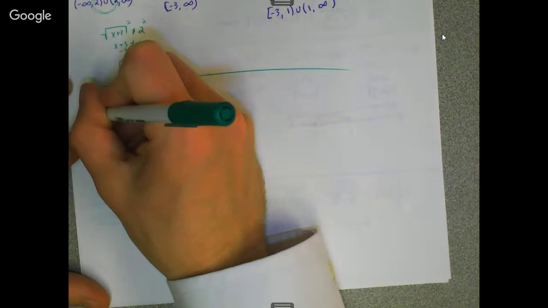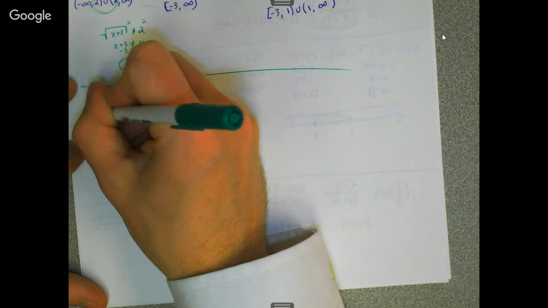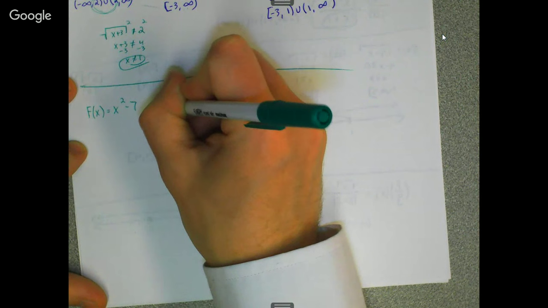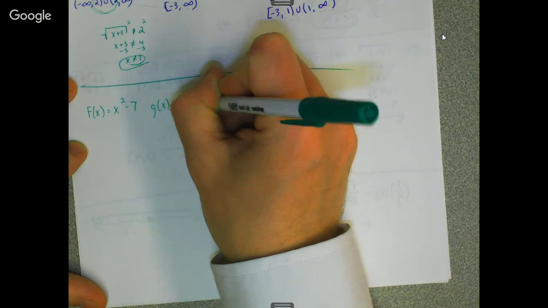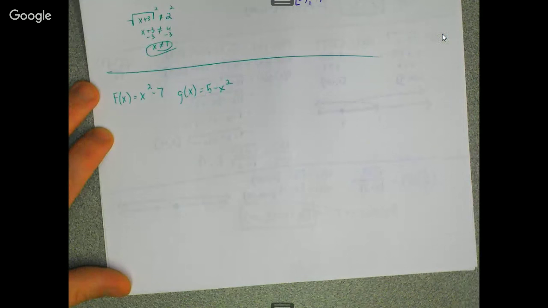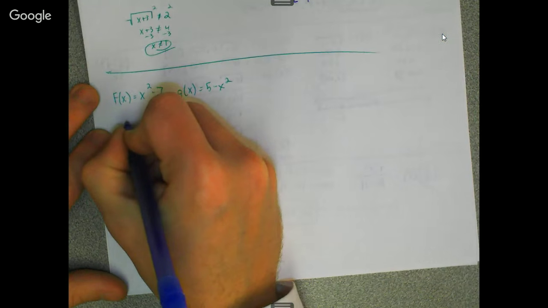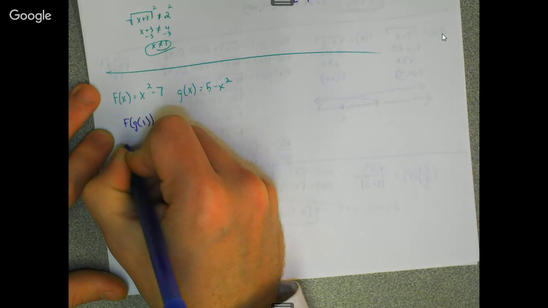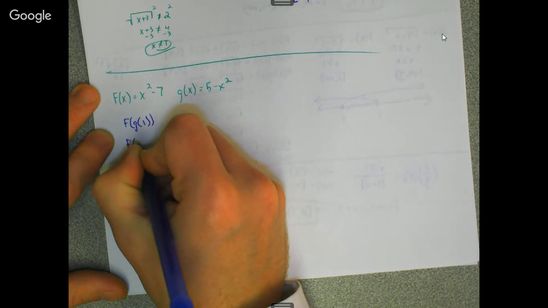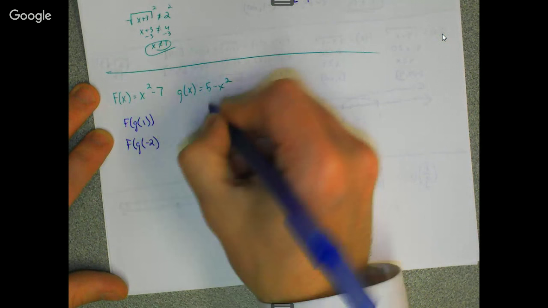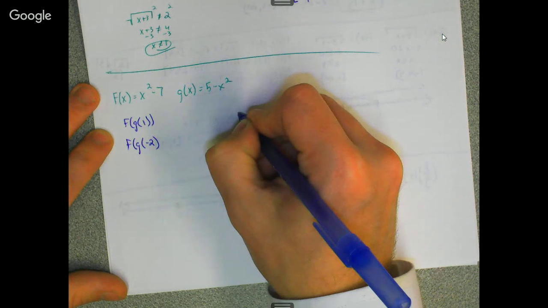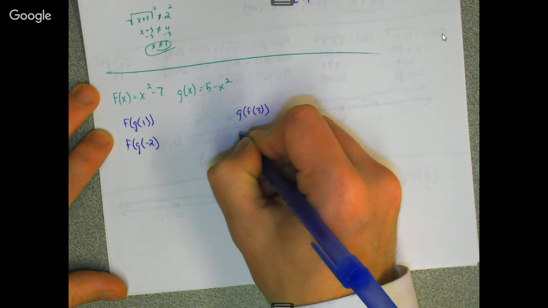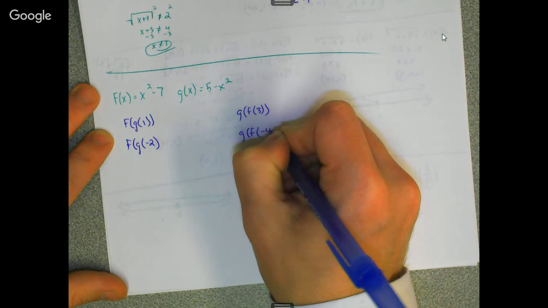Okay, let's say we have f of x equals x squared minus 7, g of x equals 5 minus x squared. And we're going to go a little bit easier, and we're going to say find f of g of 1, find f of g of minus 2, and let's find g of f of 3, and g of f of minus 4.